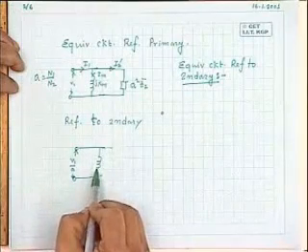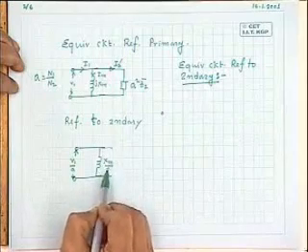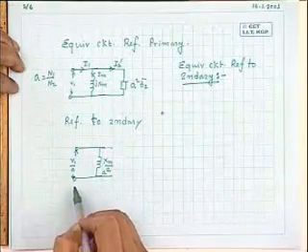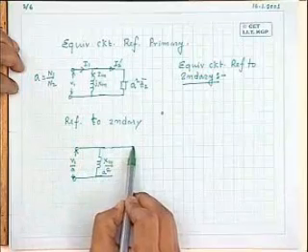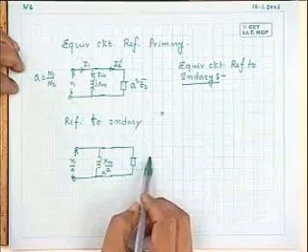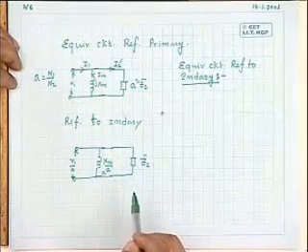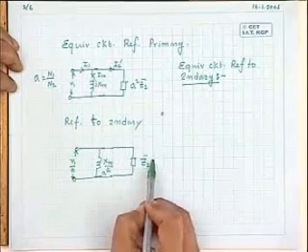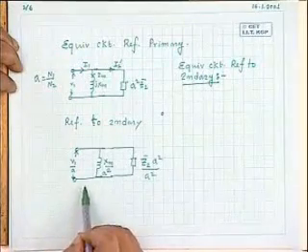What should happen to this reactance? I should divide it by A squared. Reactance is an impedance. What should happen to this impedance? A square Z2 by A square, that is Z2. That is what I expect.